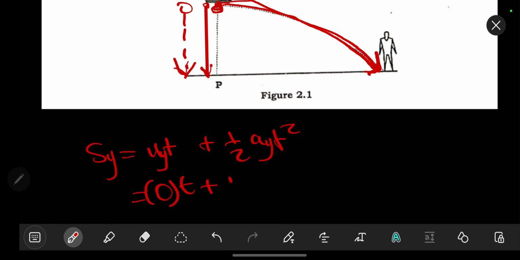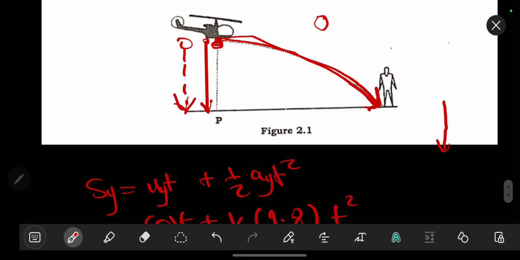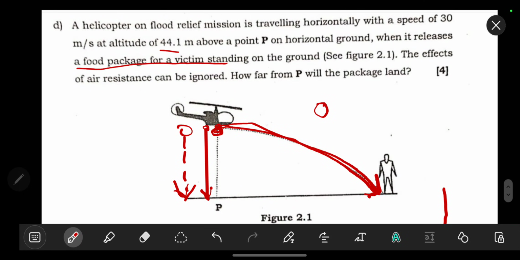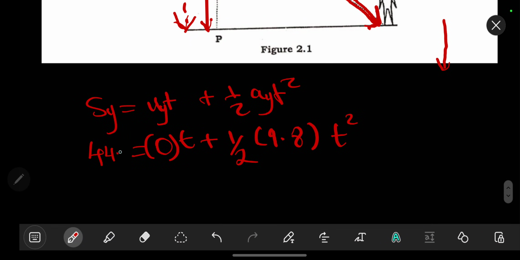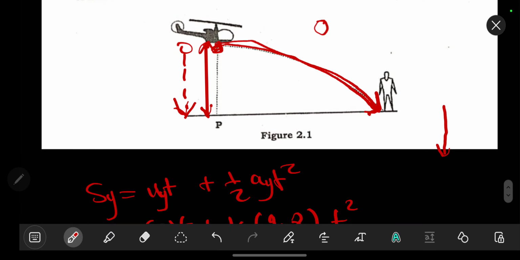Then we have plus our half, then the gravity. Imagine it is moving down. At the point where it is released, the gravity shall be considered to be a positive value. Then we have our t squared. Then we have 44.1, so we are going to have a positive 44.1. So don't get confused.